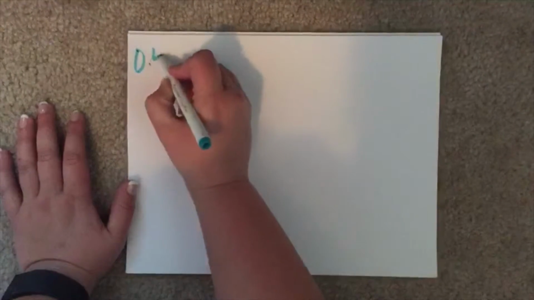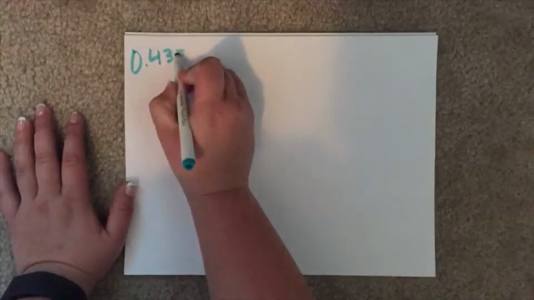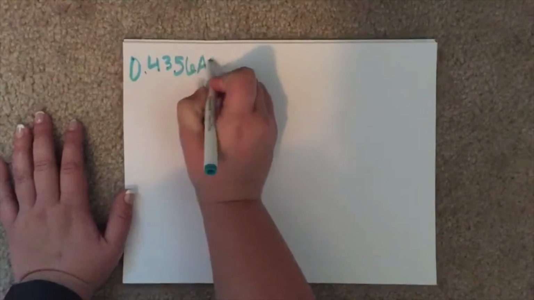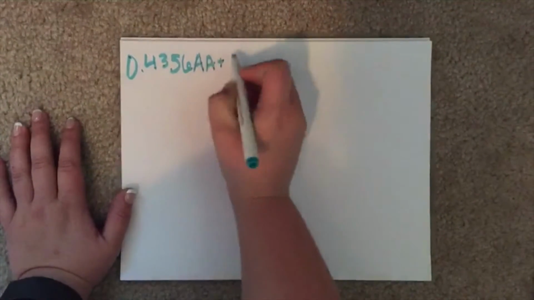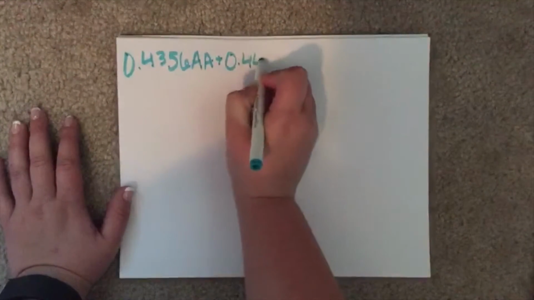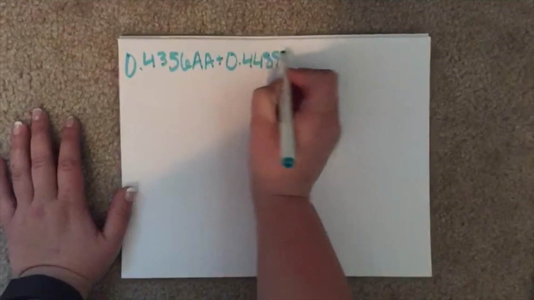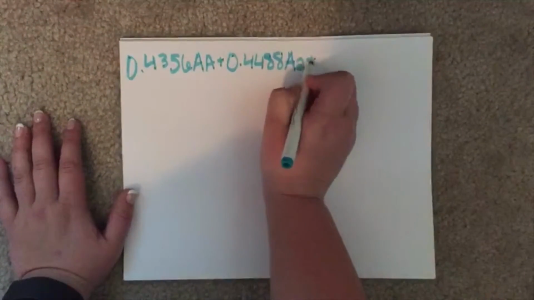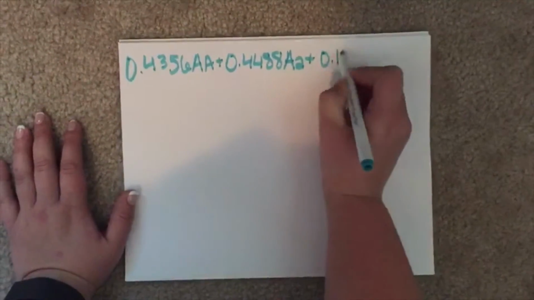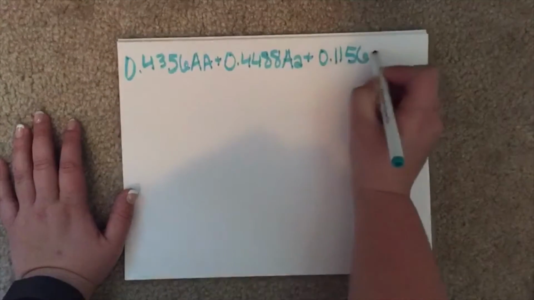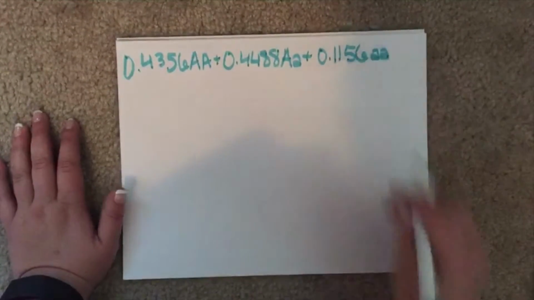After solving for each genotype, overall we got a new genotypic frequency of 0.4356 big A big A plus 0.4488 big A little a plus 0.1156 little a little a.